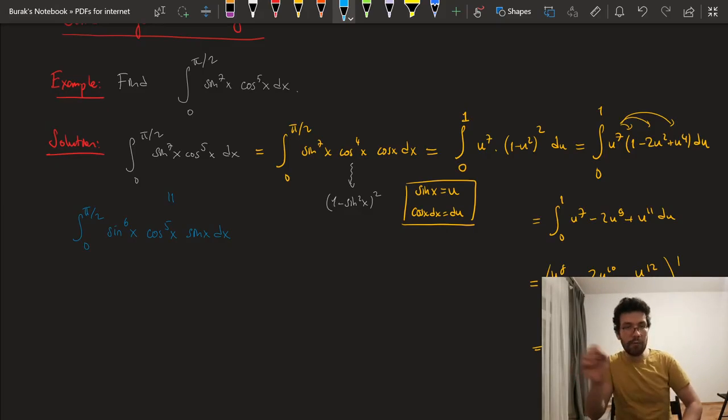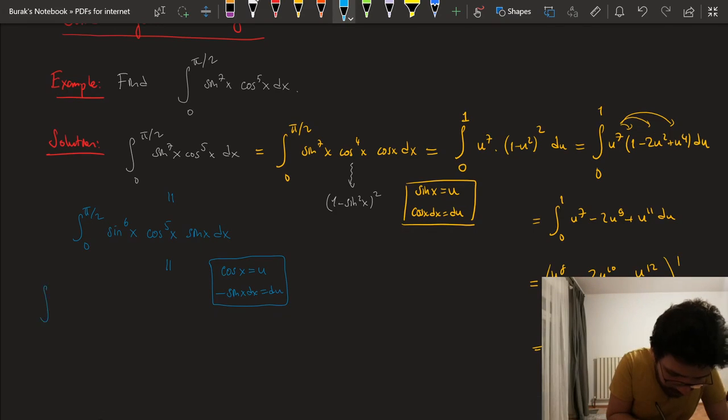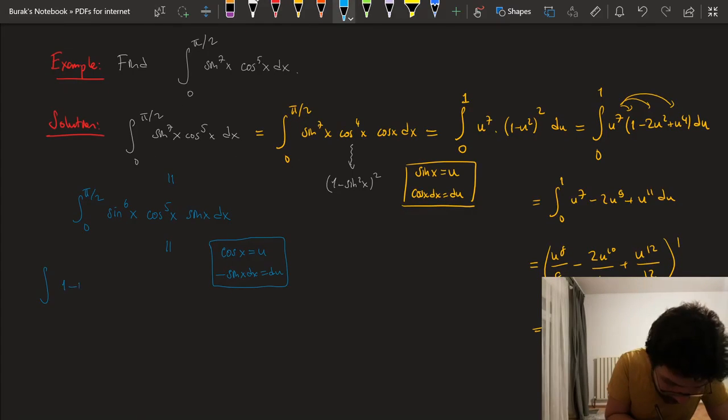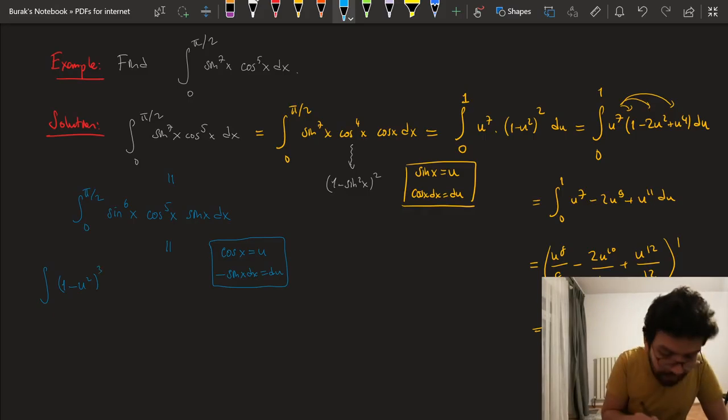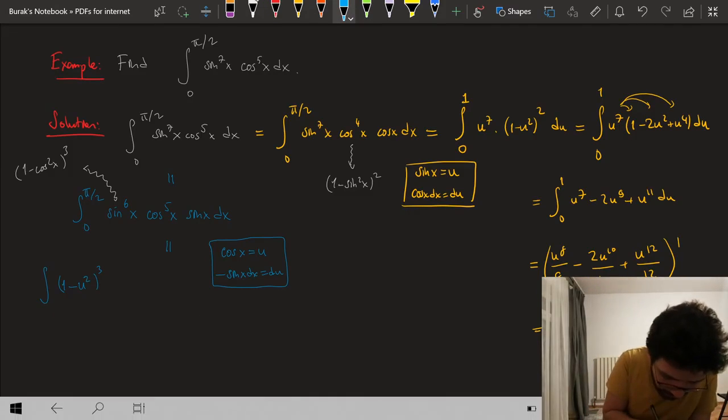Okay, so I split off one of the sines here, and then I use the substitution cosine of x equals u, and then minus sine x dx will be my du. Then this integral will turn into, instead of sine to the power 6, I'm going to write 1 minus u squared, cubed, because this is equal to 1 minus cosine squared, cubed, and instead of cosine, I'm going to write u.